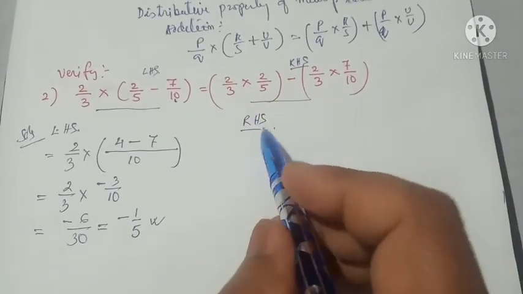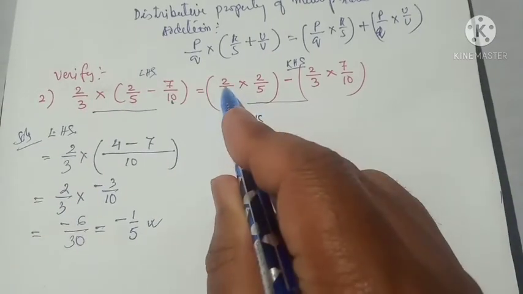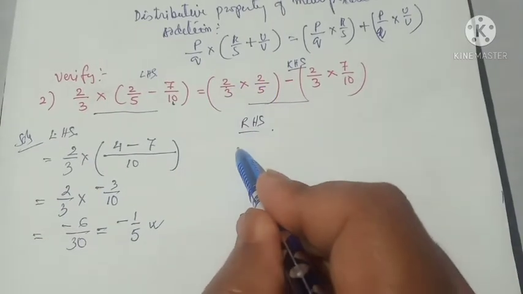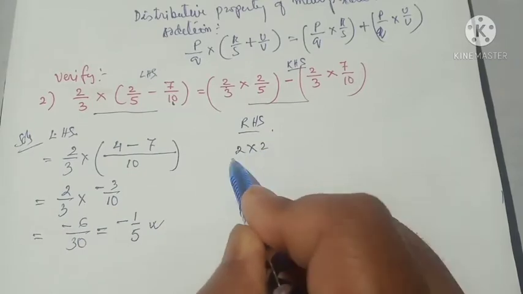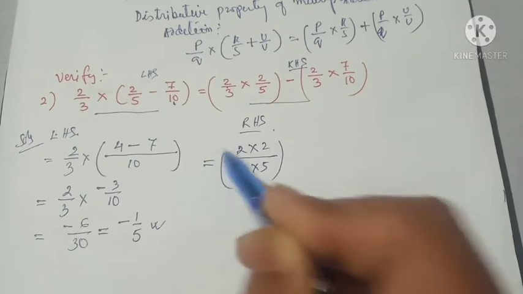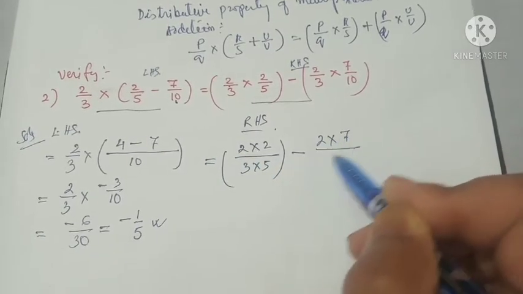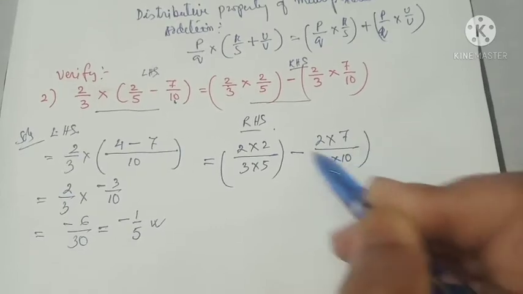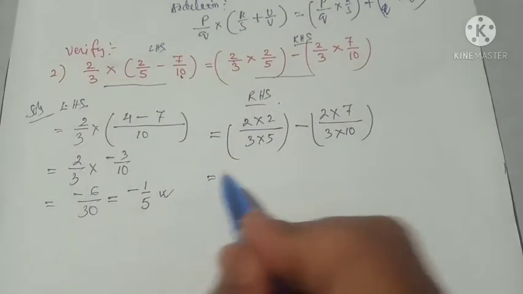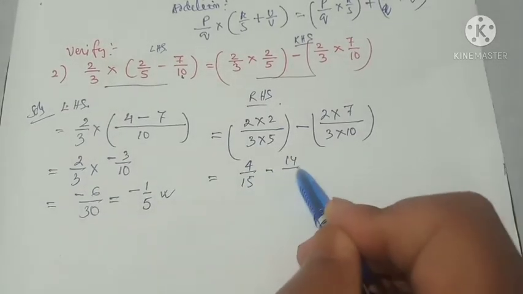In the right hand side, we have 2 into 2 by 3 into 5, minus 2 into 7 by 3 into 10. Then here comes 4 by 15 minus 14 by 30.